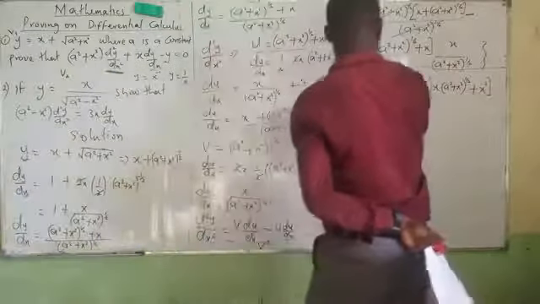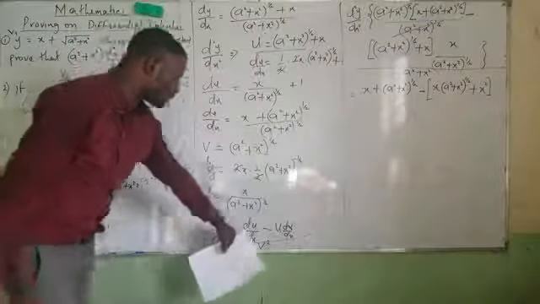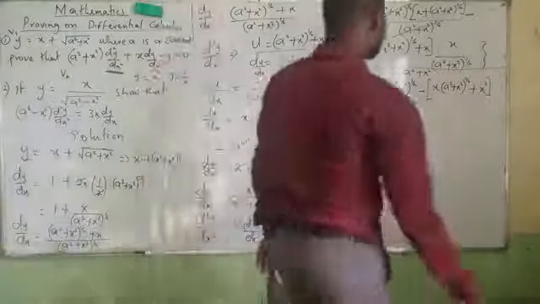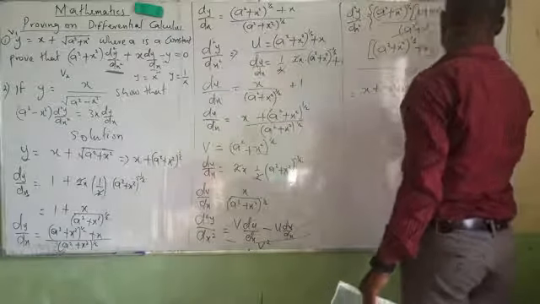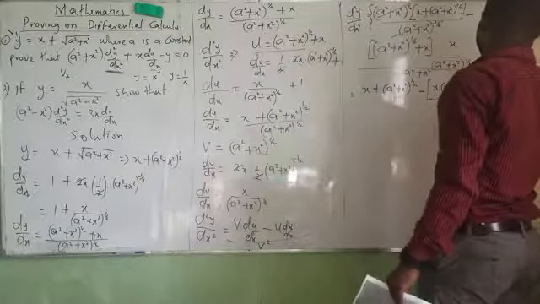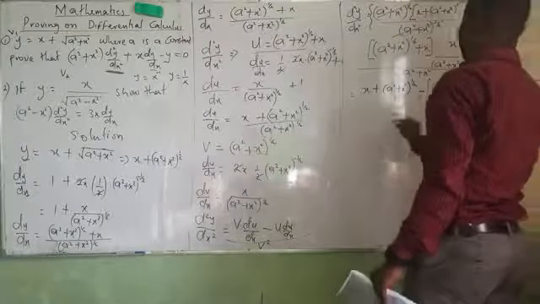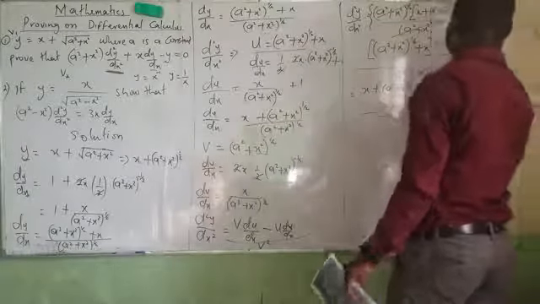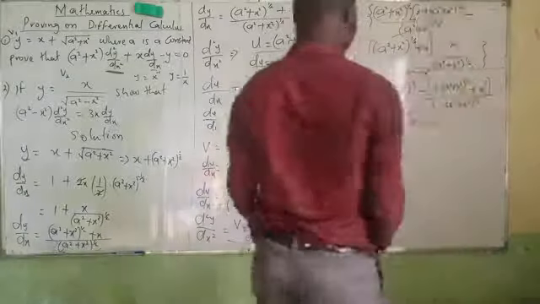It means my v squared will be a squared plus x squared. Sorry, I forgot that. Now, I think I've done that. Here will be divided by the square root of a squared plus x squared. Everything divided by a squared plus x squared, which is my v squared.